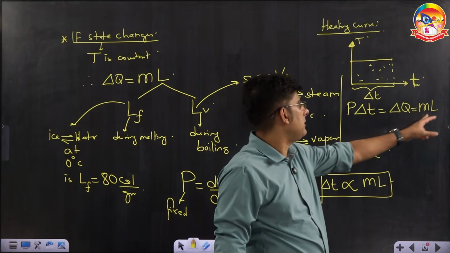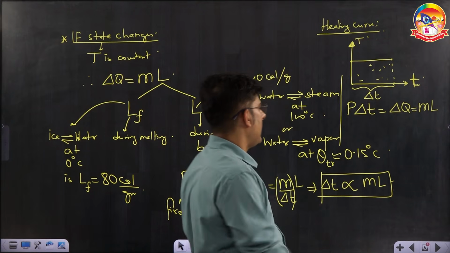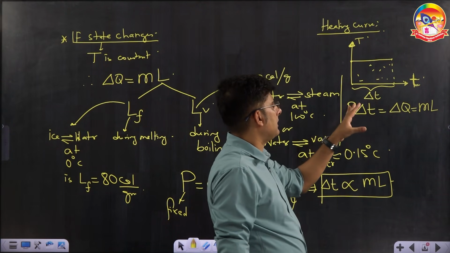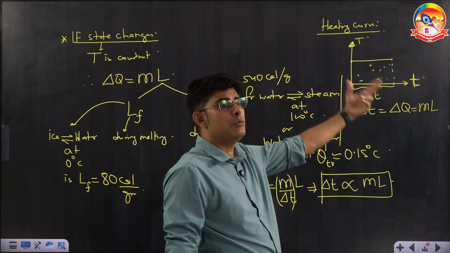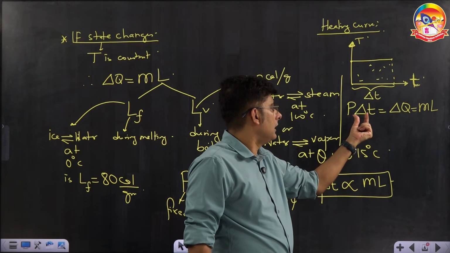So P delta T is equal to mass into latent heat. From here we can find the time. So time will be mL by P. Or you can say that if two different substances are given to be compared, which has more latent heat, which has less latent heat, you can directly compare from here.